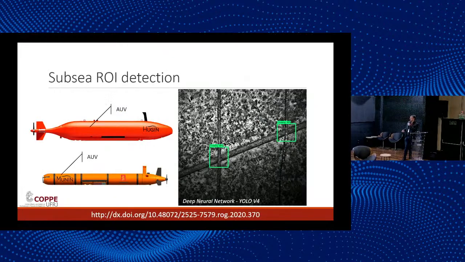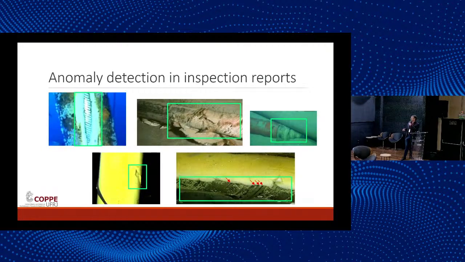And the last one is on detecting subsea events in monitoring campaigns. We have an application using pictures from AUVs, as you can see here, and also an application using pictures from ROVs.